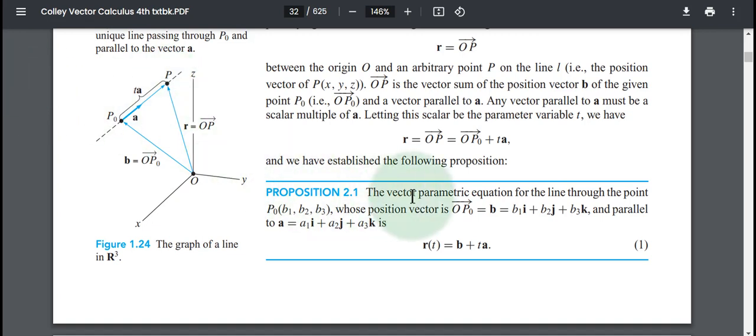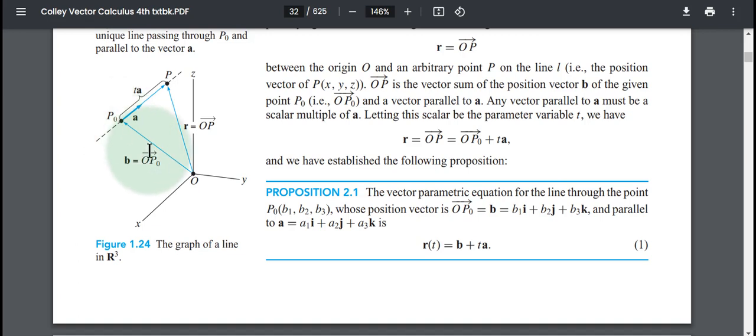The vector parametric equation for the line through the point P0, whose position vector, we call it OP0, the position vector just means the vector associated with that point.